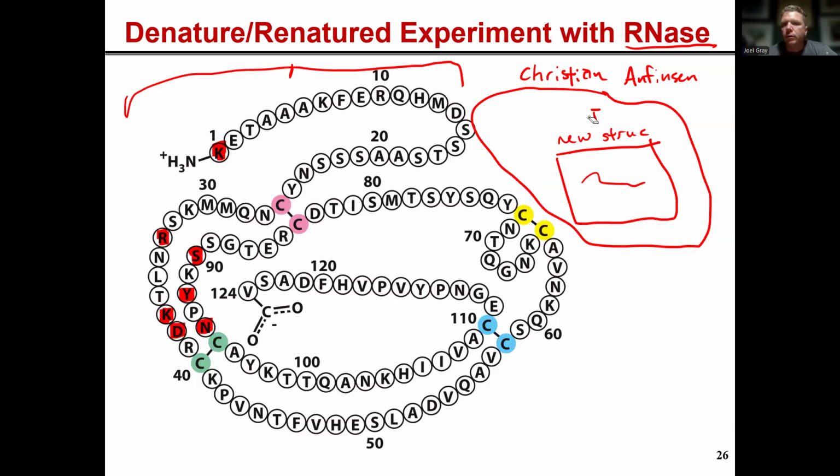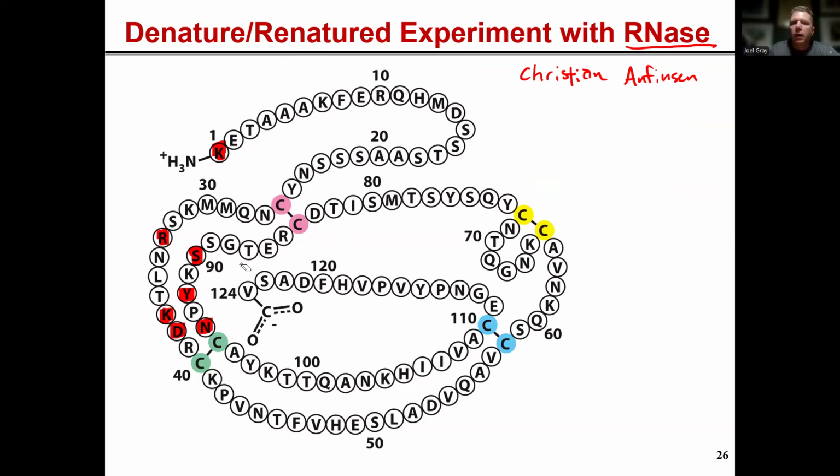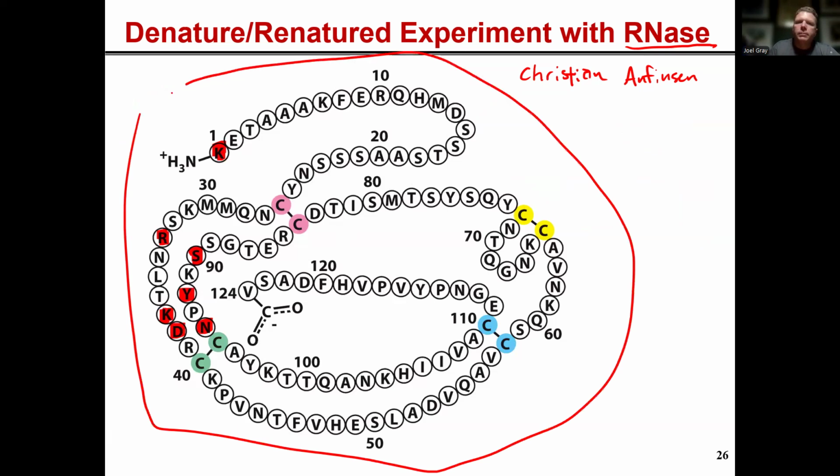And then I'm going to also remove the DTT, the dithiothreitol. And so what I think is going to happen after I remove those is that this fully unfolded protein is going to go by the wayside. And what I'm going to get is this right here. I'm going to get my protein. I think it's going to refold.